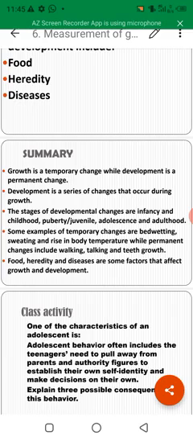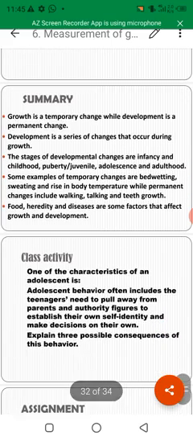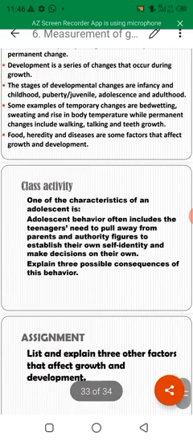Some examples of temporary changes are bedwetting, sweating, rise in body temperature, while permanent changes include walking, talking, teeth growth. Then the last one: food, heredity, and diseases are some factors that affect growth and development.